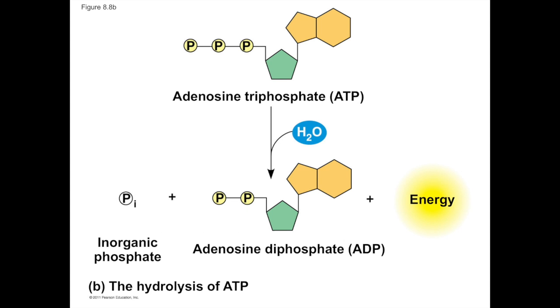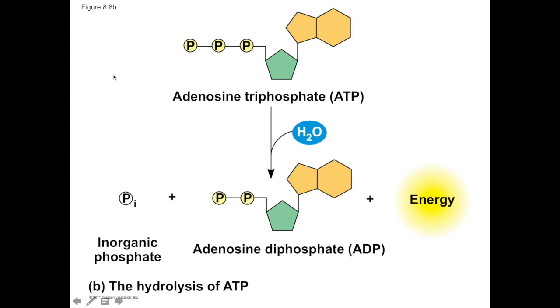So here's sort of a model or a cartoon of ATP. As you can see, it's adenosine triphosphate. It is a nucleotide. So here's adenine, represented up here. Here is ribose, a 5-carbon sugar. Here's a phosphate, phosphate, phosphate, ATP.